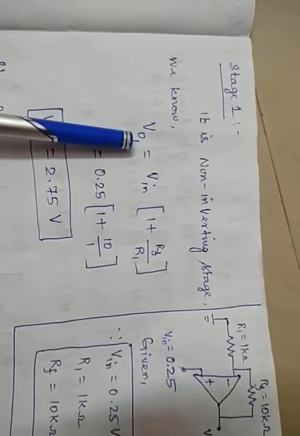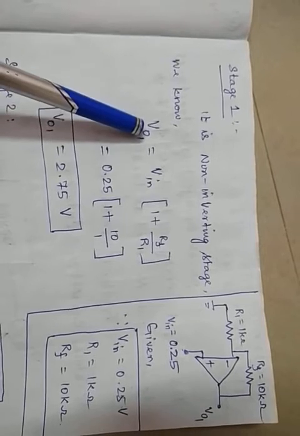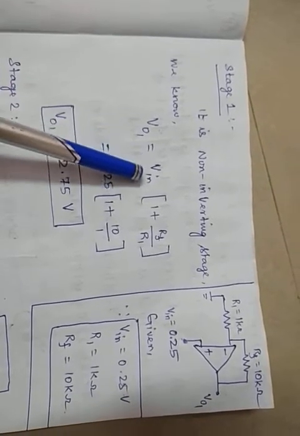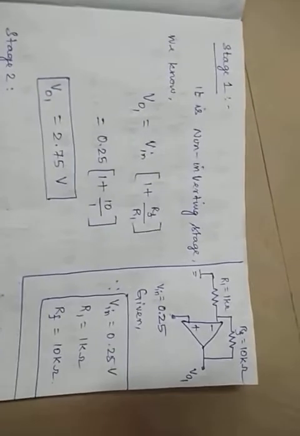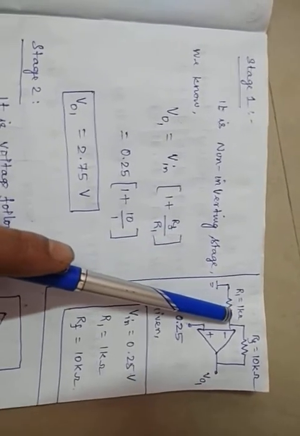So we know the formula: Vout 1, which means the output voltage for the first stage, equals Vin times (1 plus RF by R1). Just see the first stage circuit here. R1 is 1K, which is given in the question itself.